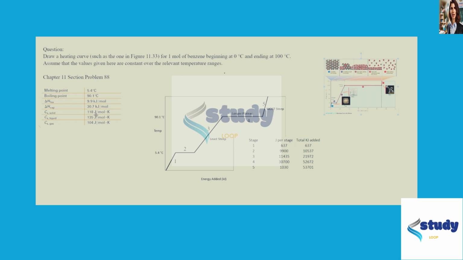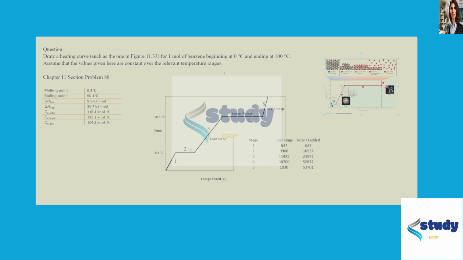Okay, and so, if you just multiply, the delta T there is 5.4 degrees Celsius, and the delta Celsius and delta Kelvin are the same. So we can multiply that to calculate 637 joules to heat that.